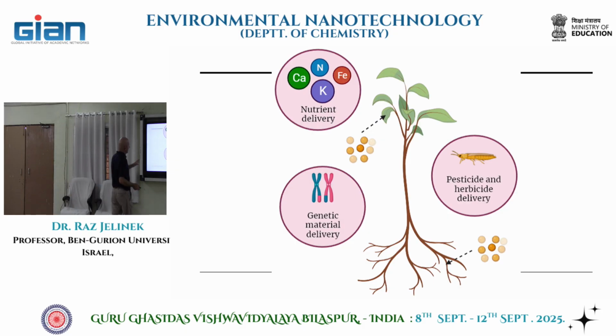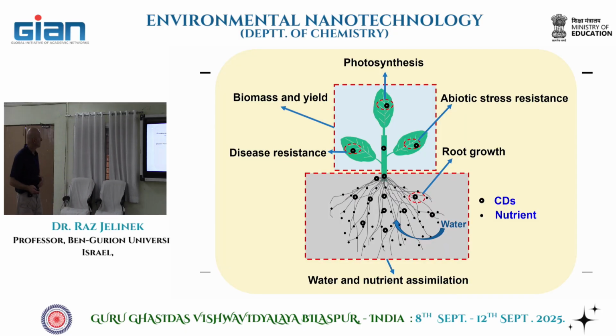So using the carbon dots, you can deliver nutrients to the plant, you can deliver genes to the plant, and you can deliver antibacterials and herbicides, all through the delivery platform of carbon dots.